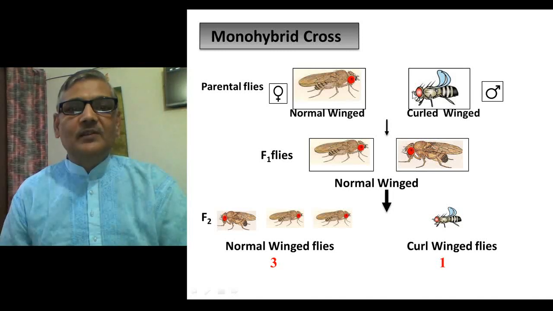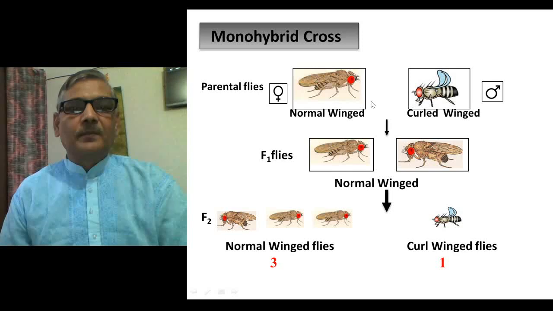These mutant males are used to make the cross. In the next generation, we observe all the flies showing normal features. It means the normal wing size is a dominant feature over the curled wing. So this is a recessive trait.